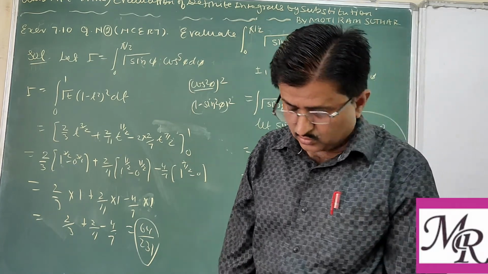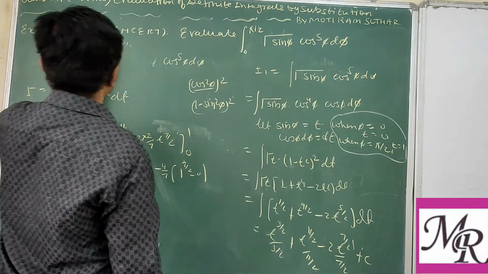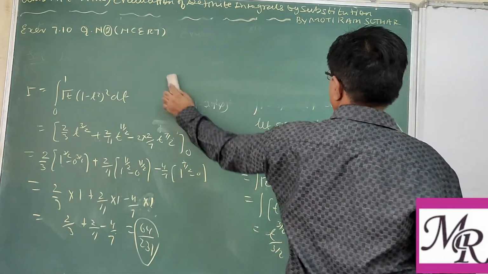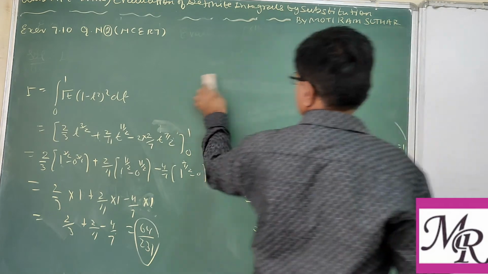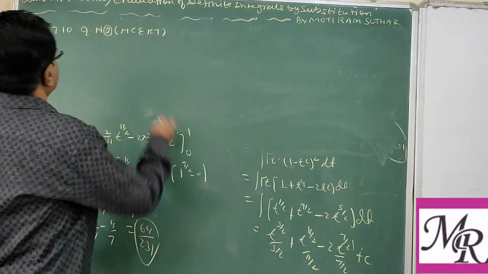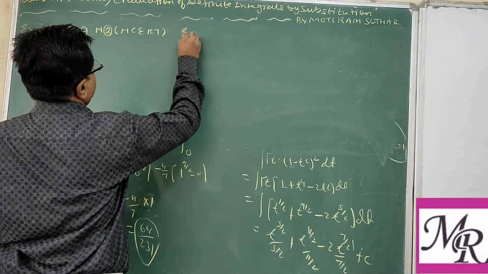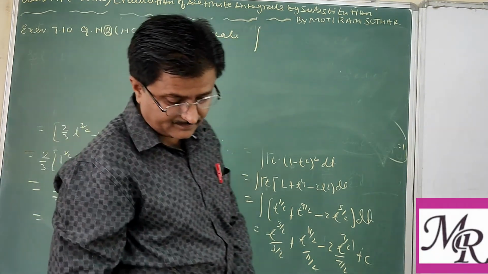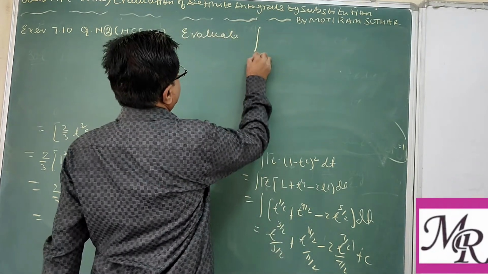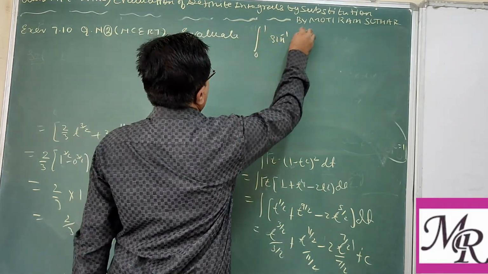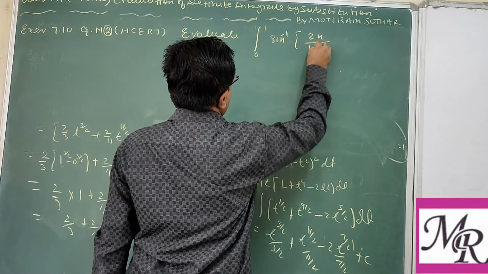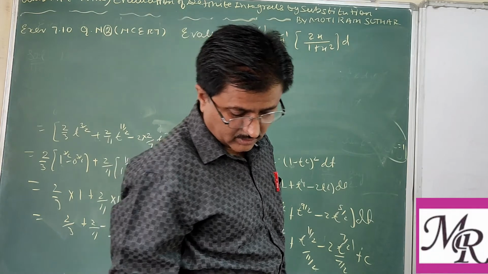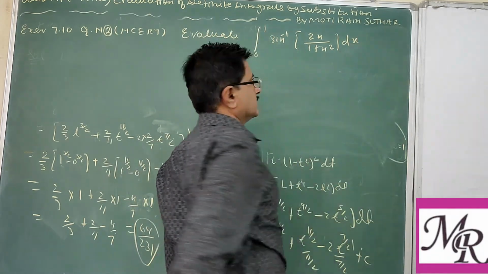Clear? So one more you see. Third one, say: integral from 0 to 1 of sin inverse of 2x upon 1 plus x square into dx.